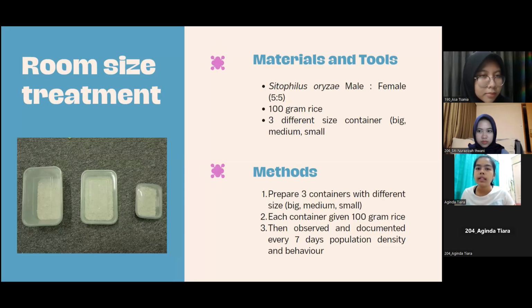The next is the room size treatment. So our group has this treatment in our mini project.